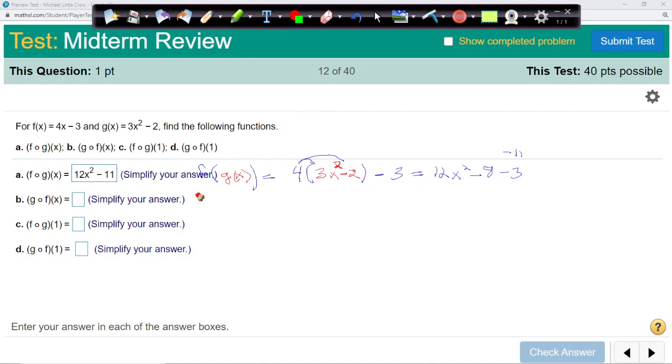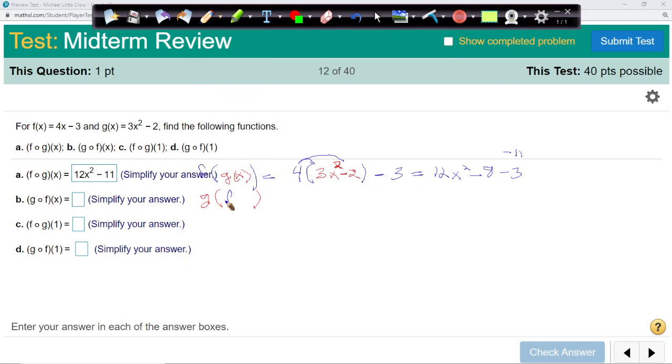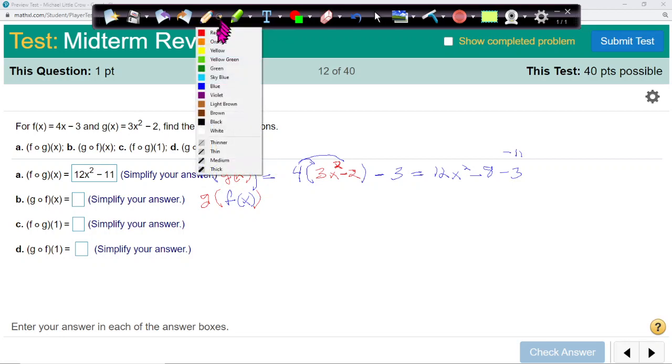So now we want G of f of x. So now the outside function is the g function.